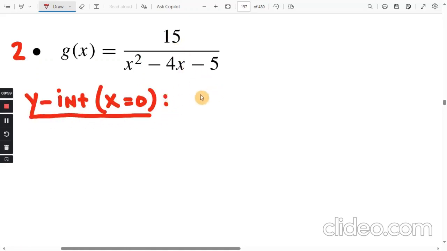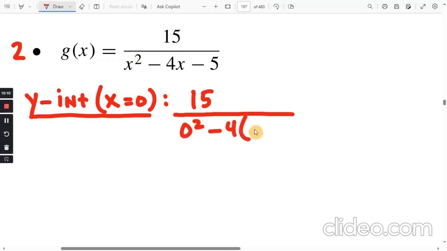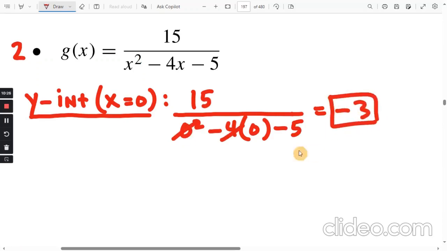So we have 15 divided by 0 squared minus 4 times 0 minus 5. Anything times 0 is just 0, so that's gone and that's gone. 15 divided by negative 5 is just negative 3. So that's your y-intercept.